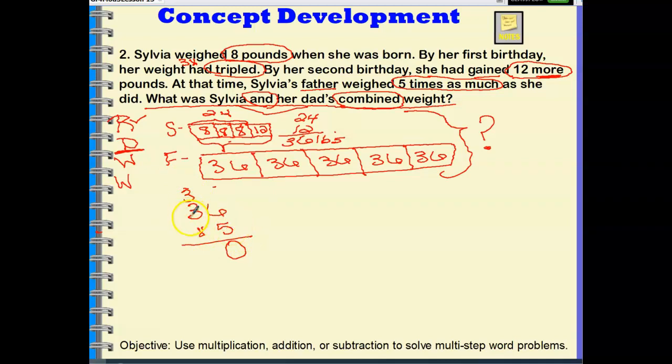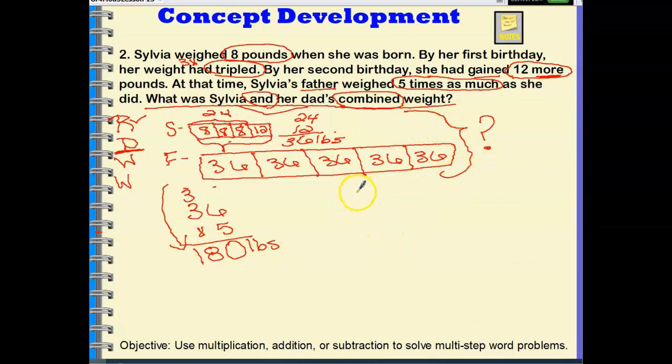And 5 times 3 tens is going to be 15 tens, and I have to add in these other 3 tens, so that's going to be 180. Okay, so this is Father's weight. Father weighs 180 pounds. But I want to know the combined weight of both of them.